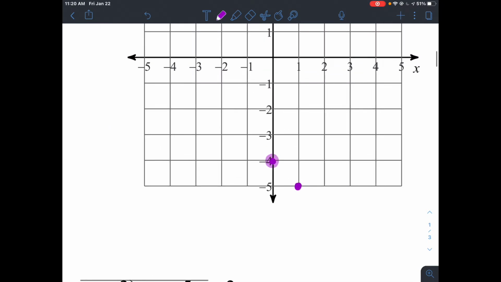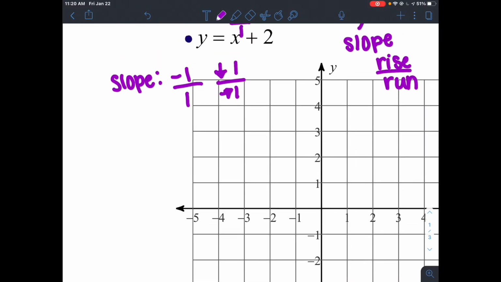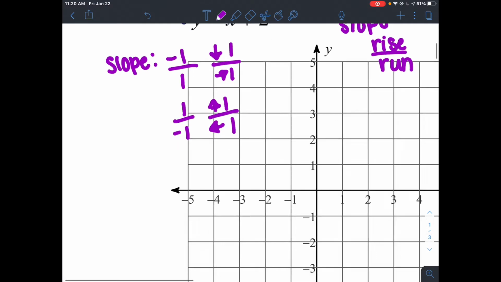If I wanted to draw a couple more points, notice I can't really go down any further. So what I can do instead is make this a 1 over -1. It's not changing the sign at all. I'm just moving it, instead of the top, it's on the bottom now. So I can go up 1 and left 1. Left will be negative.